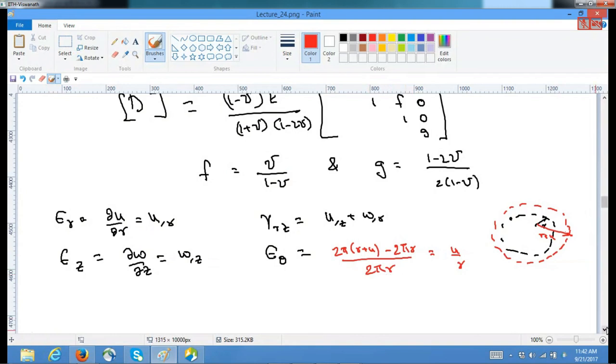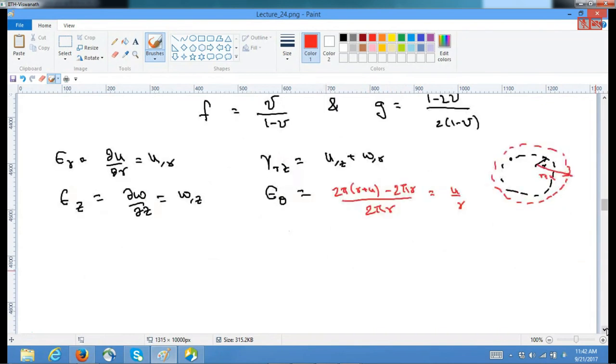So this is the relation which we call the strain displacement relationships for axisymmetry.